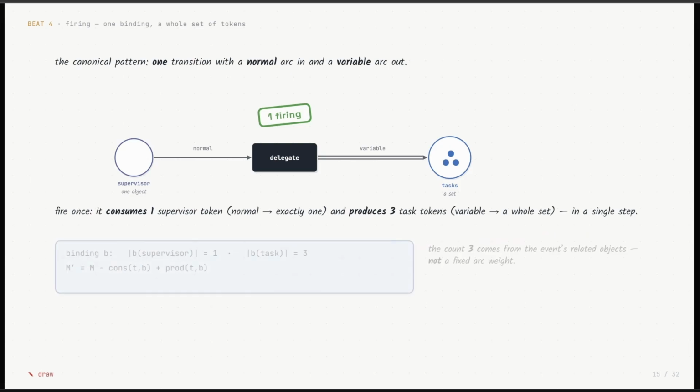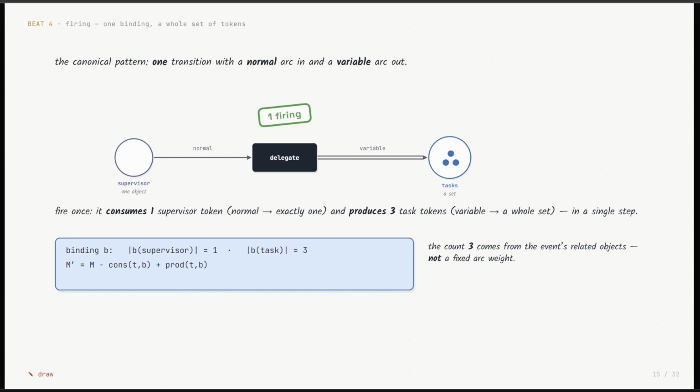That's the single step. Now, from the formal side, we have the cardinality, and we have the binding B that represents how many objects of each type we have. The marking here is the previous marking. So this is the new marking: the previous marking, minus the tokens that were consumed, plus the ones that were produced.